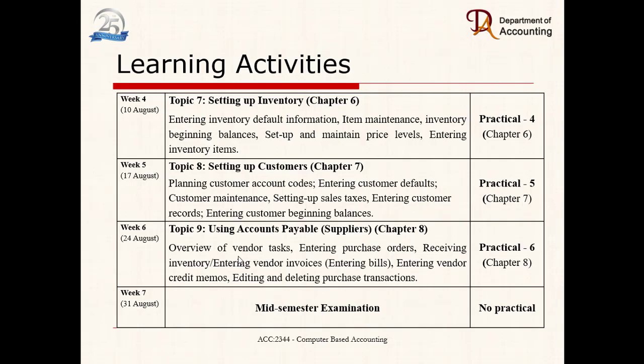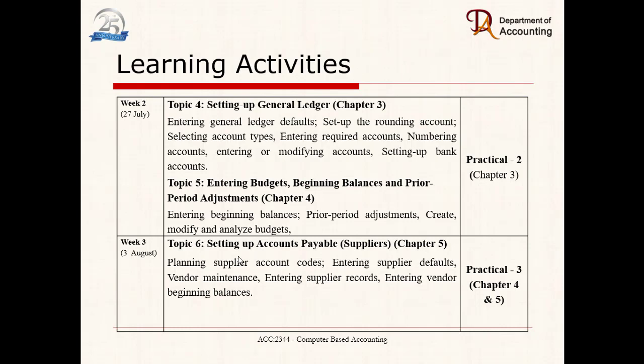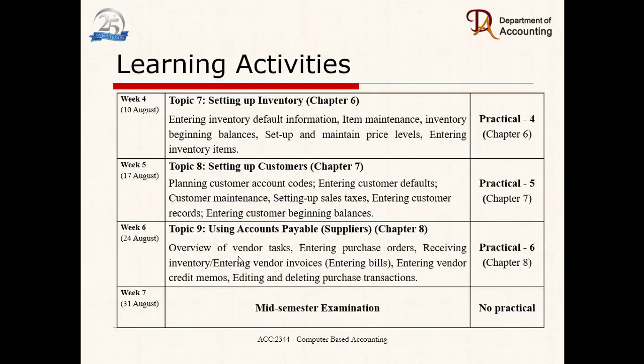You can remember that earlier we have entered that. So that must be equal. And here also you are setting some default information, the information that is applicable for most of the inventory items.